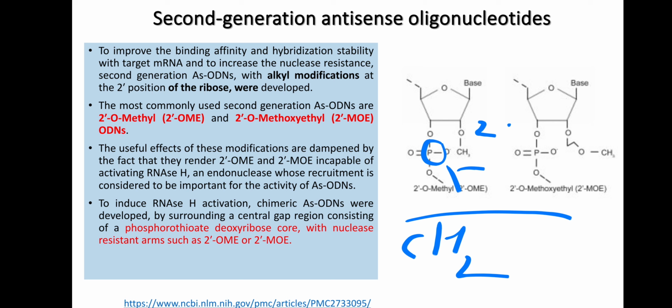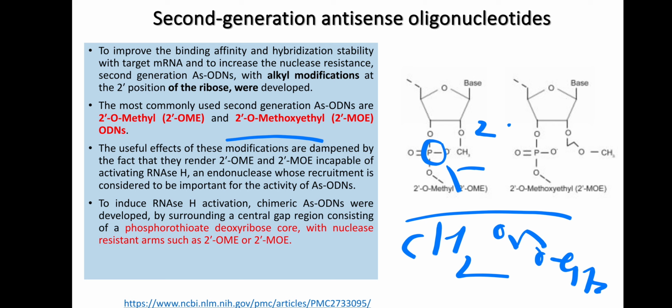So this is known as 2'-O-methyl antisense oligonucleotide. The second one is 2'-O-methoxyethyl, with OCH2 groups. So this is another antisense molecule in second generation.